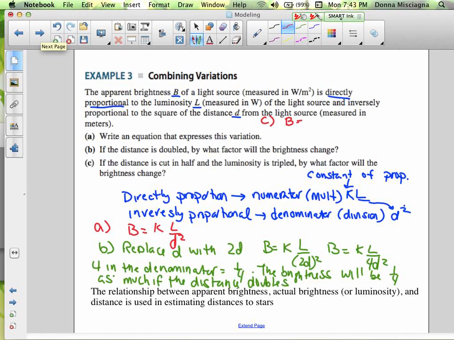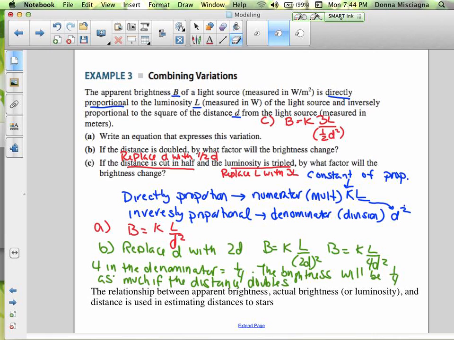The luminosity is tripled, so we're going to replace L with 3L and replace D with 1/2 D. So brightness equals K times, and the L goes in the numerator, so now that's 3L divided by 1/2 D, and the whole thing will be squared.